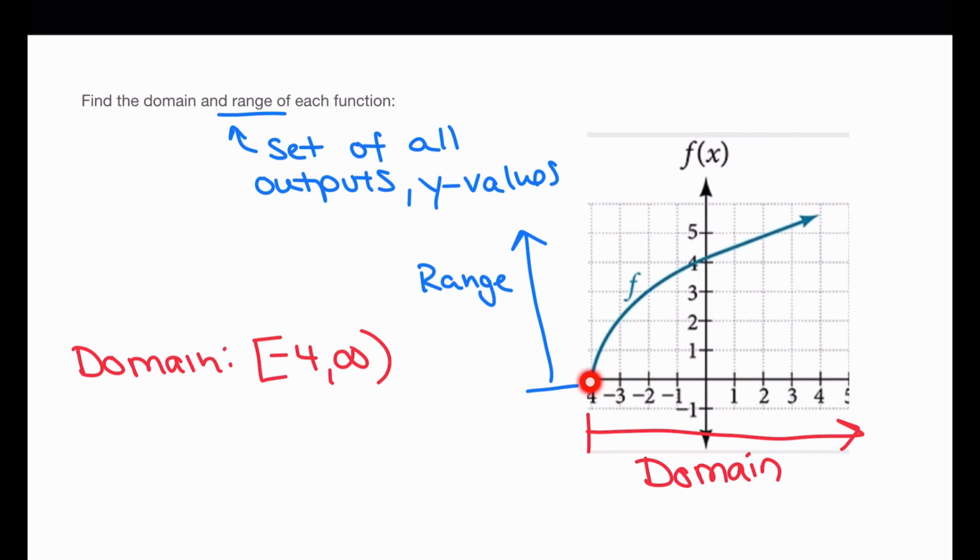So the graph starts with a y value of 0 and it goes up, and the arrow indicates it goes up forever. So the range of this function is all y values that are bigger than or equal to 0. So starting at y equals 0, again, there's a closed circle, so I'll use the square bracket with 0, and going all the way up to positive infinity.